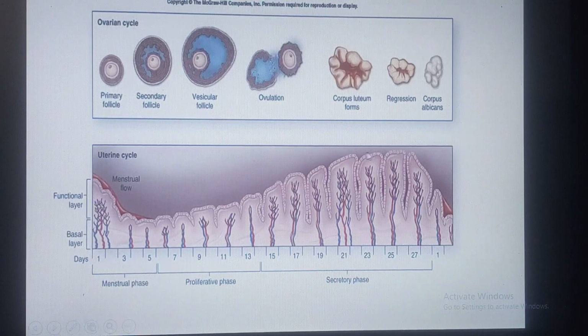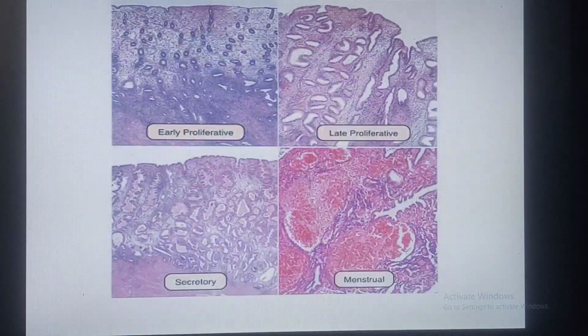As progesterone is formed, the glands become even more tortuous, in anticipation that around the 14th day, ovulation should take place and the oocyte should get fertilized by a sperm. All right, so that's for you.